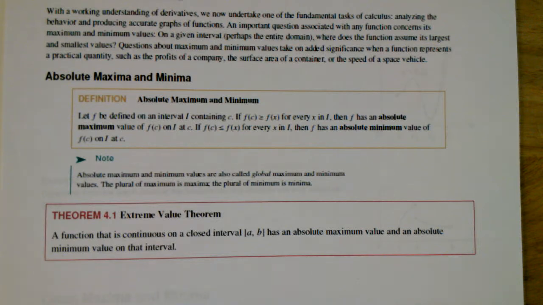And also, if f of c is less than or equal to f of x for every x in the interval I, then that means that f has an absolute minimum value of f of c on that interval I at c. Now, sometimes they refer to absolute maximum and absolute minimum values as global maximum and minimum values.